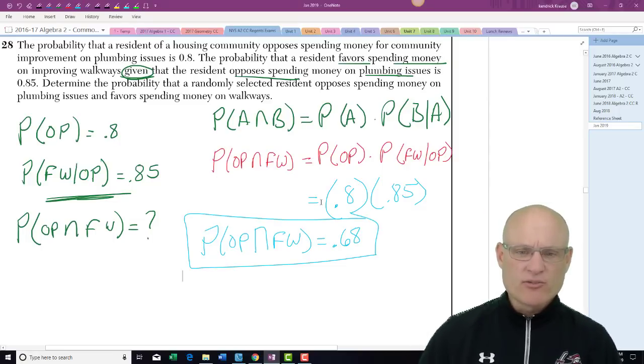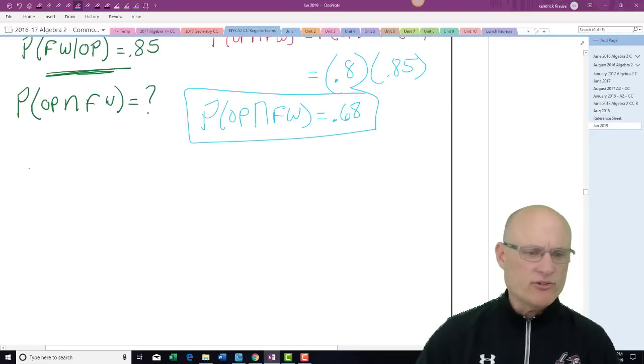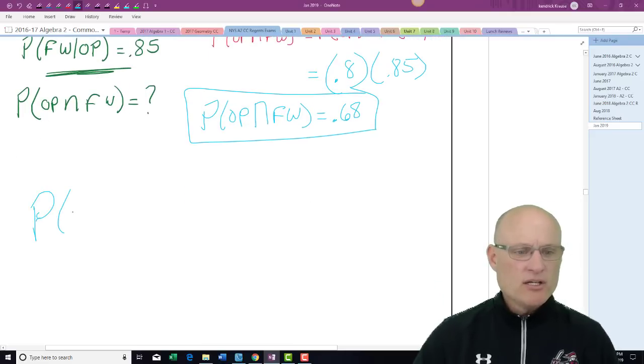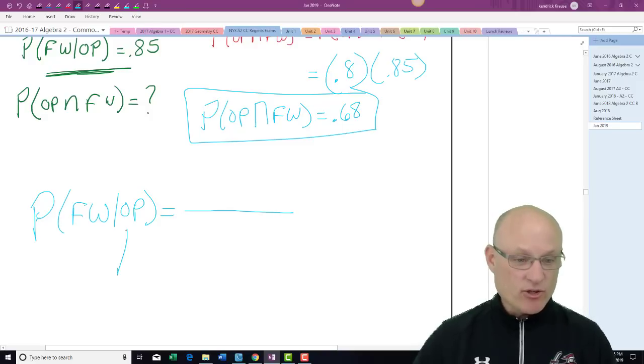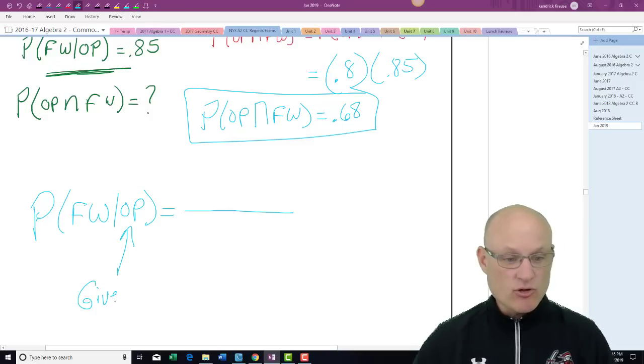Now, you could have done it this way. One of your other ways to do it, and one your teachers taught you, is the probability of favoring walkways given plumbing is equal to, well, this is your given. This is your new universe. So the probability of opposing plumbing would go down here.